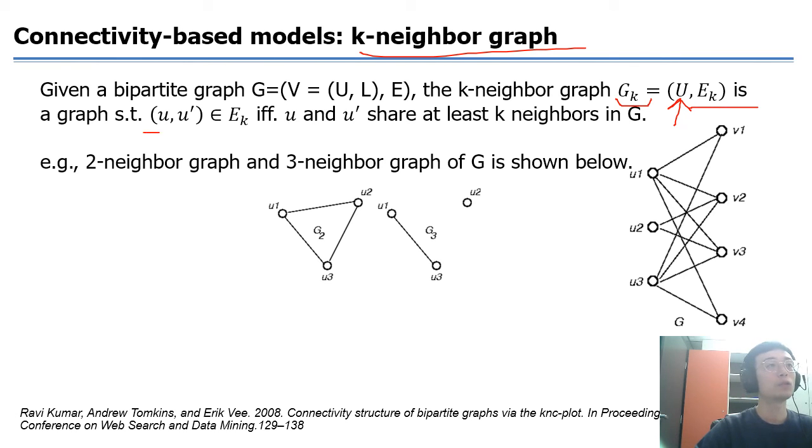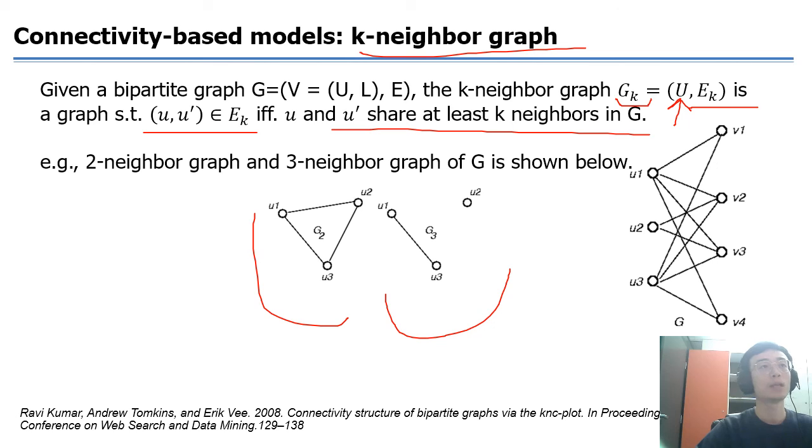Two vertices have an edge if they share at least k neighbors in the original graph G. For example, below are the 2-neighbor graph and 3-neighbor graph of G. We can see u1 and u2 have an edge in the 2-neighbor graph, but do not have an edge in the 3-neighbor graph, which means that they have two common neighbors in the original graph. So this concept is also based on graph projection, similar to the fractional k-core.